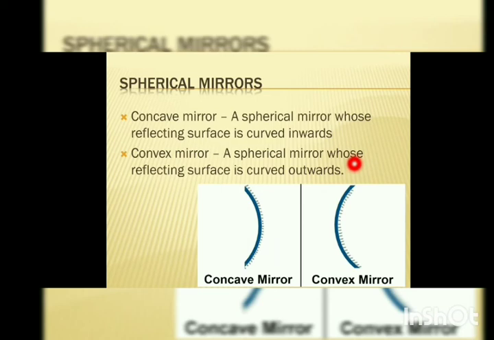Here you can see this blue shaded portion represents the reflecting surface, and the reflecting surface in this case is curved outwards, or bulged outwards. So a mirror whose reflecting surface is curved outwards is known as a convex mirror, and a mirror whose reflecting surface is curved inwards is known as a concave mirror.